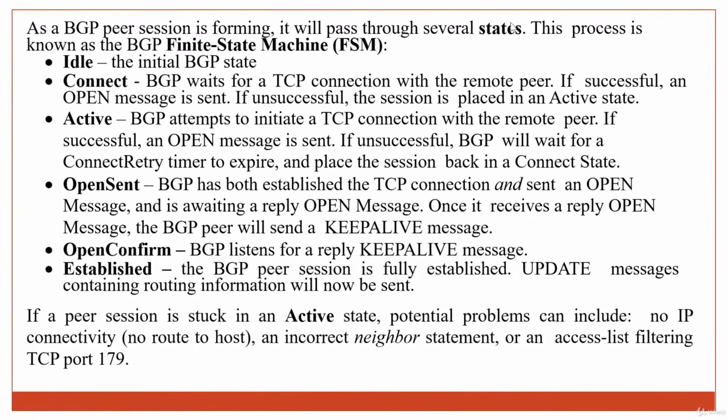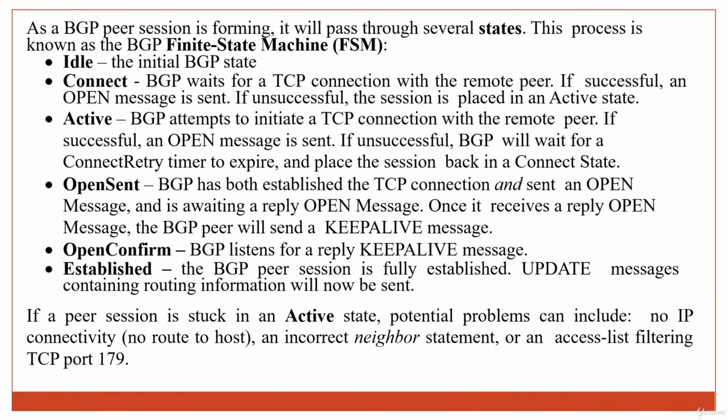Now here in the BGP state machine, that is the finite state machine, we have some other messages as well. What exactly is this? When a BGP peer session is forming, suppose I have two routers and I want to form the BGP neighbor relationship between them, you will find that they exchange some sort of states.